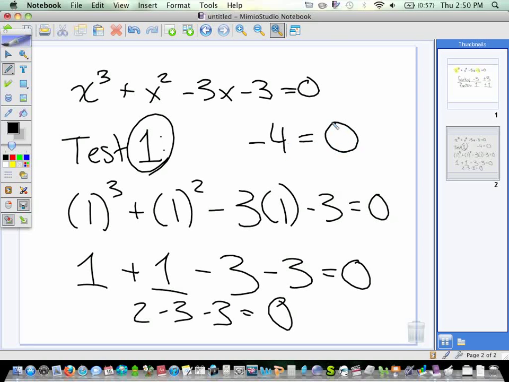And you're going to look at that and say, okay, -4, does it equal 0? No. We can cross that off, which means that this test happened to fail. 1 is not a rational root of this example.